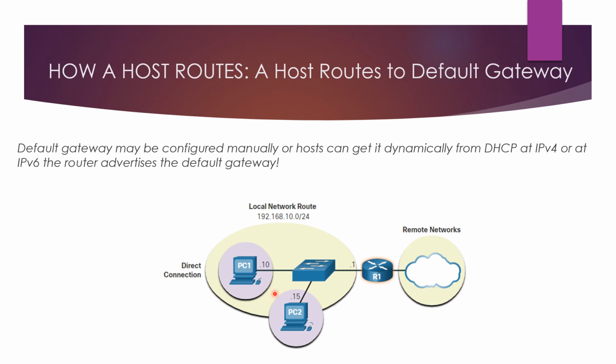Having a default gateway configured creates a default route in the routing table of the PCs. A default route is the route or pathway that your computer will take when it tries to contact a remote network. Both PC1 and PC2 will have a default route to send all traffic destined to the remote network to router 1.